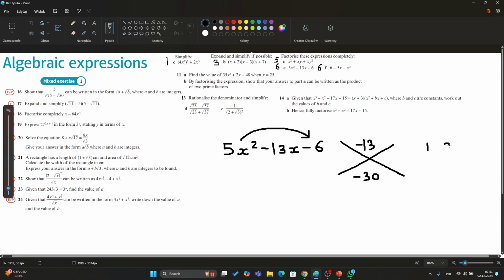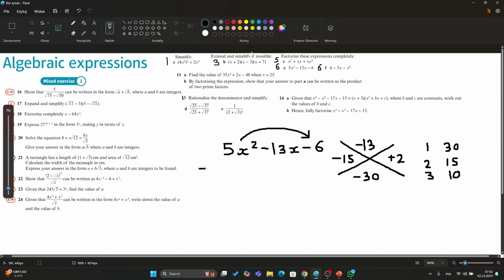So we write all the factors and we know that this will be 3 and 10. Will it be 3 and 10? No. It could be 15 and 2, because minus 15 plus 2 gives minus 13, and minus 15 times 2 gives minus 30.